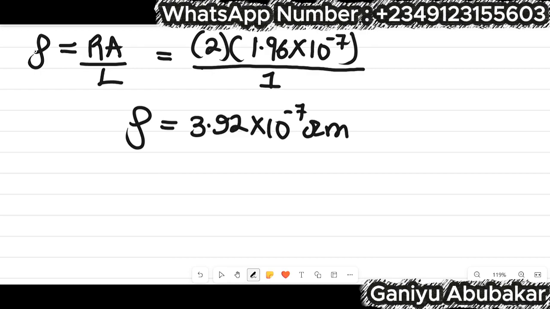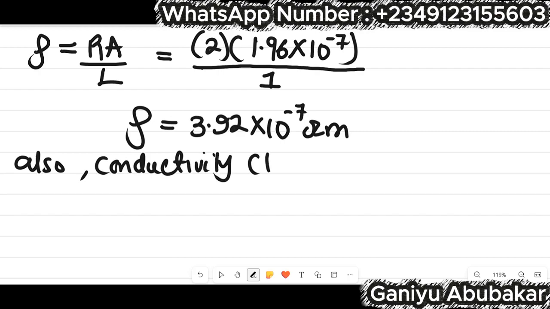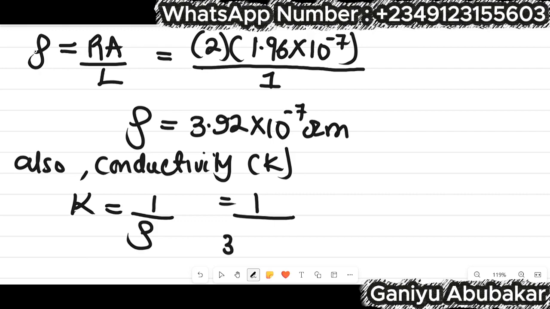Next, we have to find conductivity, K, right? So we said K is equal to 1 over resistivity. That gives you 1 over 3.92 times 10 to the power minus 7.